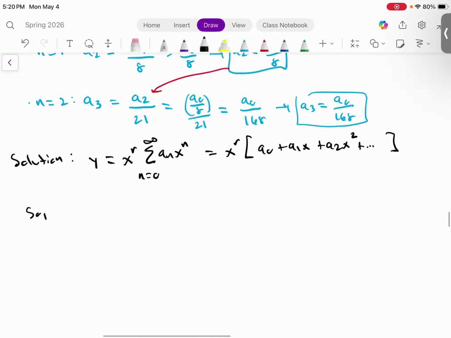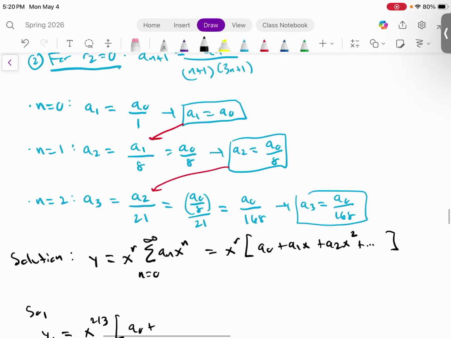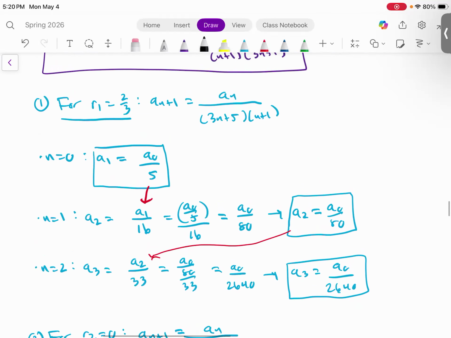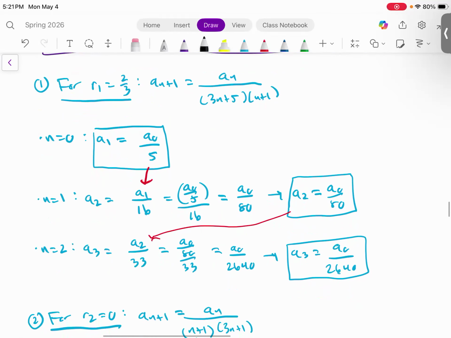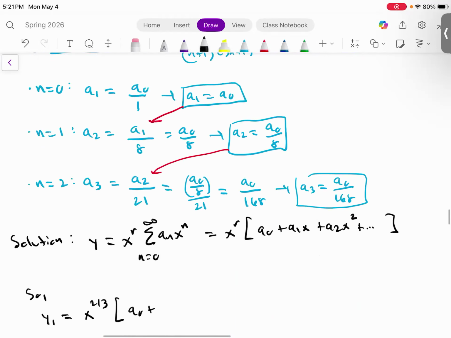So our first y1 is going to be x to the 2/3 times a naught plus a1x, but a1 was what? A naught over 5. A2 is a naught over 80. A3 is a naught over 2640. So let's go ahead and plug those in.